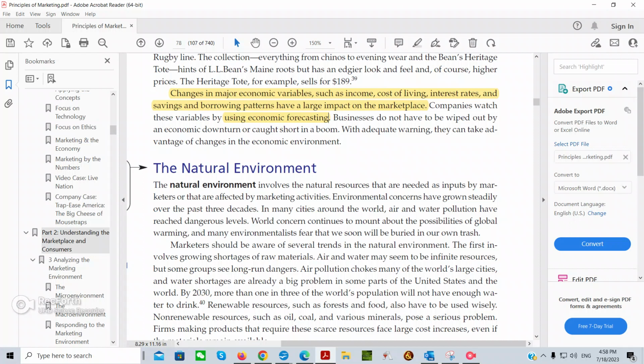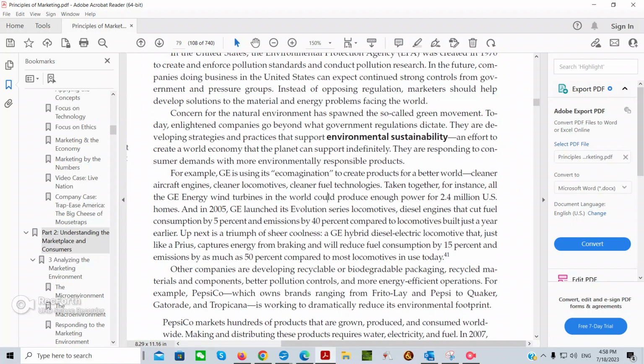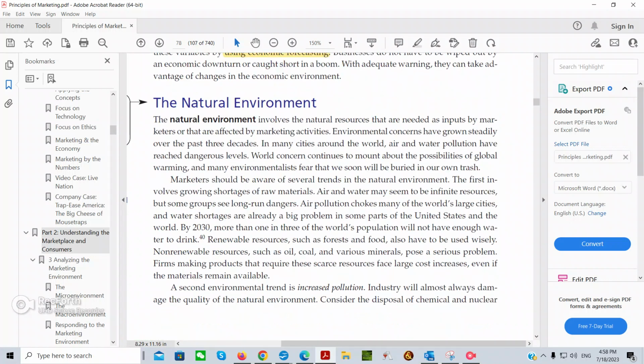Now let's talk about the natural environment. The natural environment involves the natural resources that are needed as inputs by marketers or that are affected by marketing activities. Environmental concerns have grown steadily over the past 3 decades. In many cities around the world, air and water pollution have reached dangerous levels.